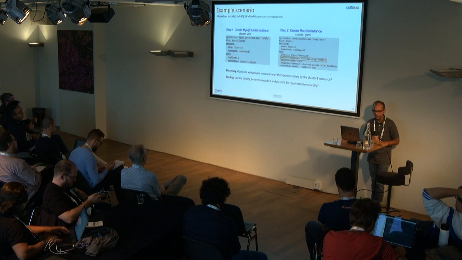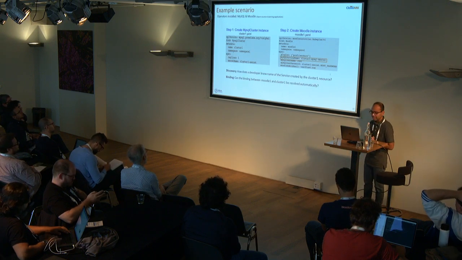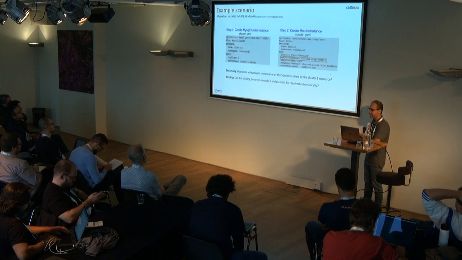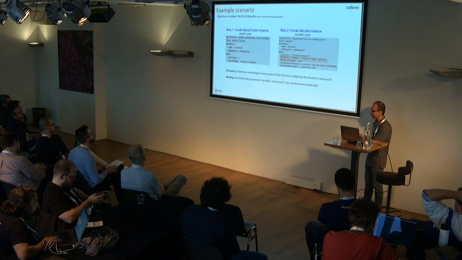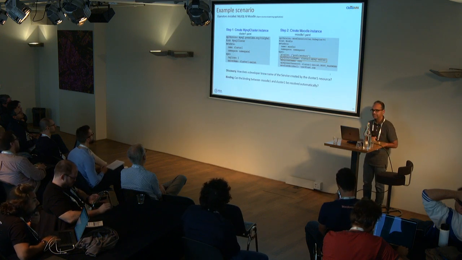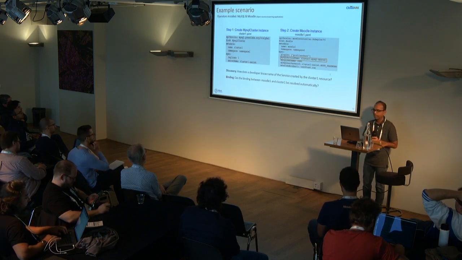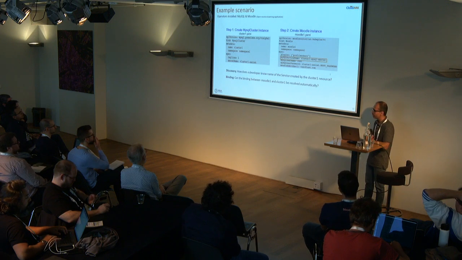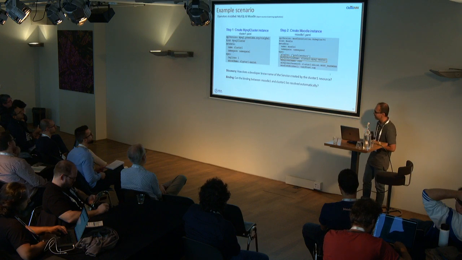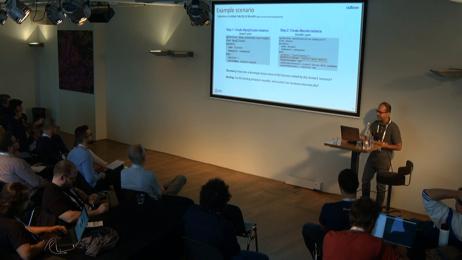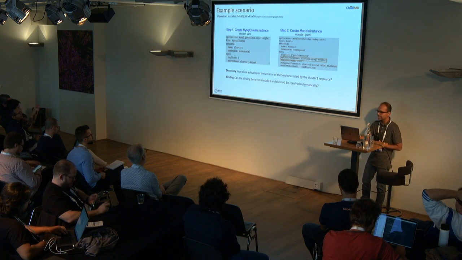Okay, so in order to explain this in more detail, this is the sample scenario I'm going to use. Assume that we have a Kubernetes cluster in which two operators are installed. One operator is the MySQL cluster from Presslabs, which I mentioned earlier. The other operator is a Moodle operator, which allows you to essentially deploy multiple Moodle instances. And the way we are going to create a stack is that in the Moodle custom resource, I'm going to use the MySQL cluster custom resource.